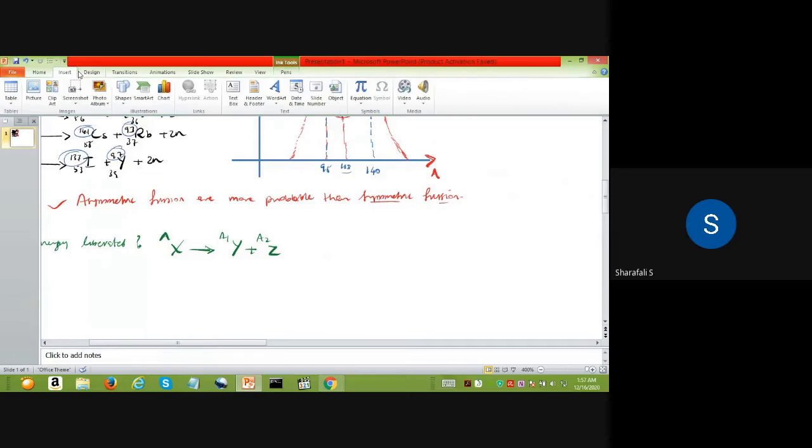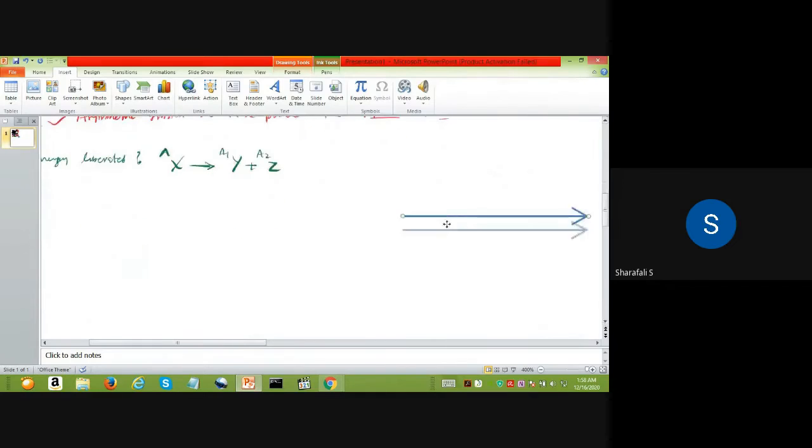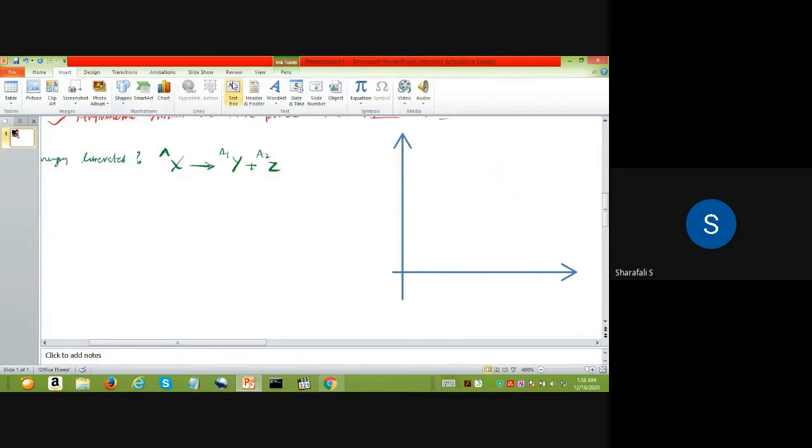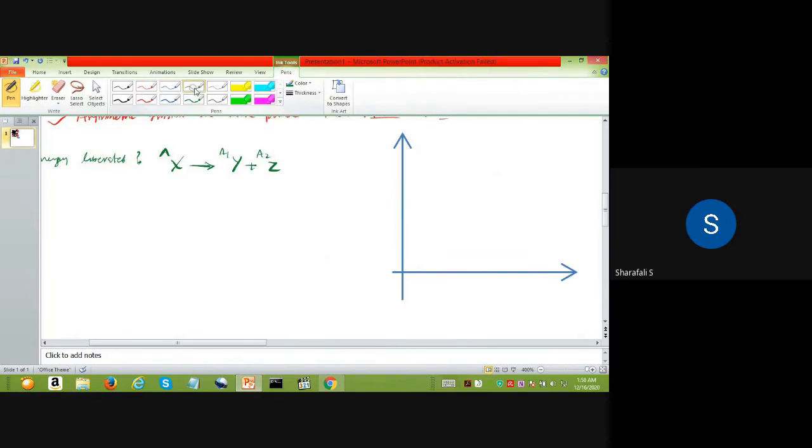So let's put here. Now, if you consider that binding energy per nucleon curve that we already discussed earlier, it will look almost like this, and after this there is some small variation.